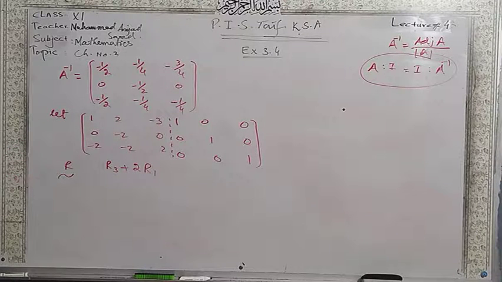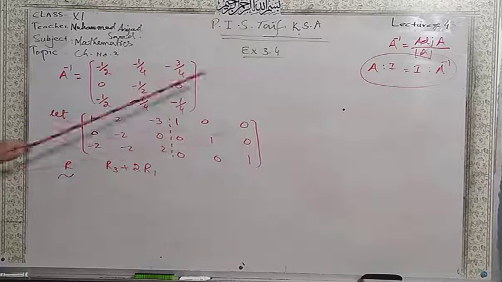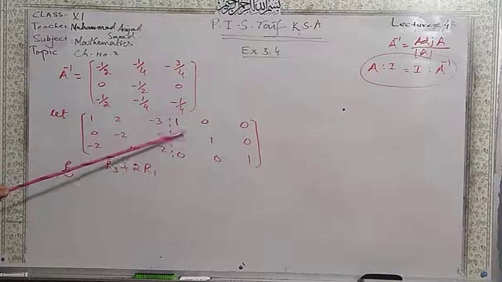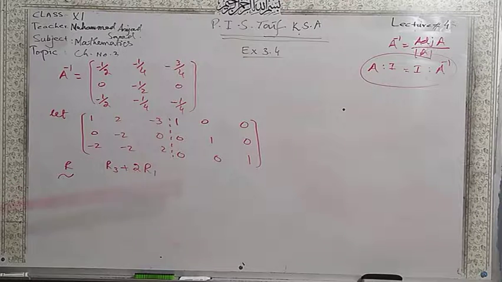This will become 0. The other numbers will automatically be the required numbers. But here you will check, you have to make 0 by the use of R1. Multiply R1 by 2, then add it here, it will become plus 2 minus 2, that becomes 0, and we got that.